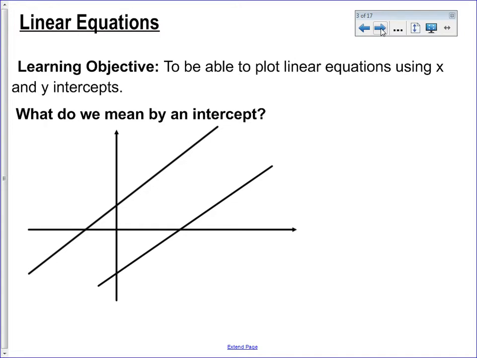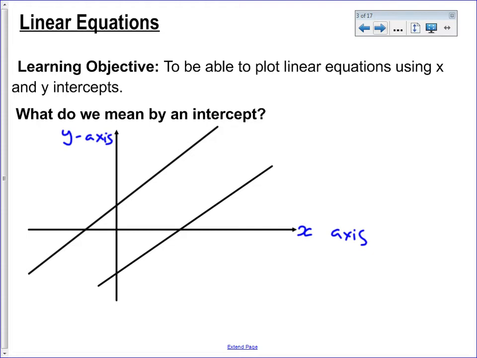We can label this graph as the x-axis and the y-axis. Remember, the horizontal axis is always the x and the vertical axis is always the y.